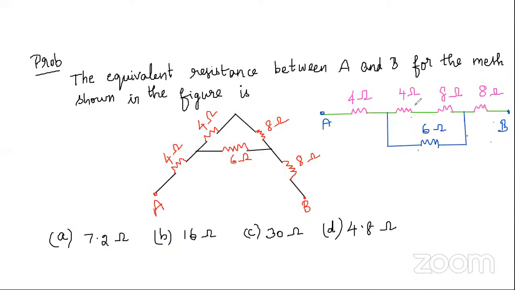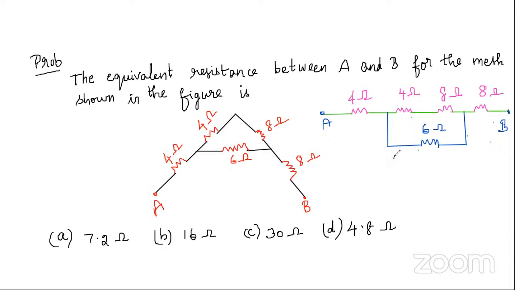Then only you will be able to solve the numerical problem correctly. So here you have 4 ohm and 8 ohm, resistors in series. So the total resistance is 12 ohm and this 6 ohm. So 12 ohm and 6 ohm are in parallel.